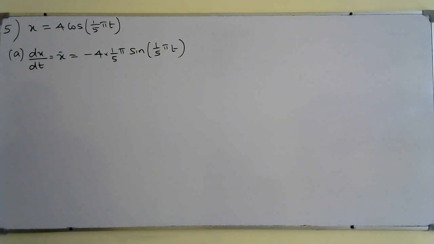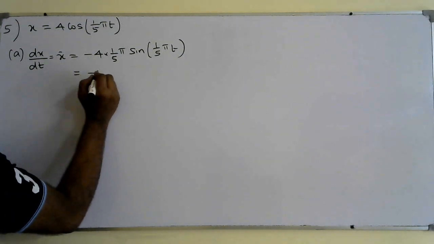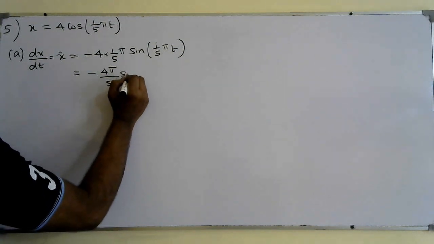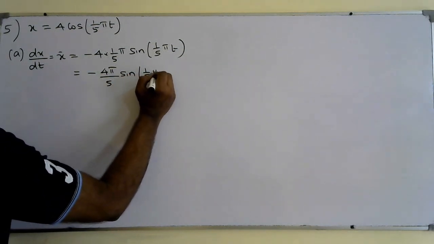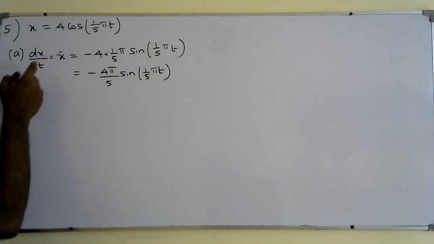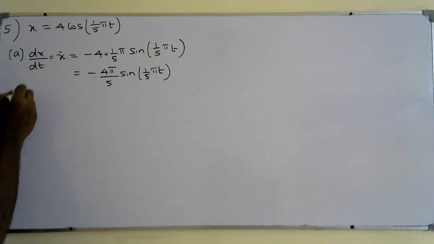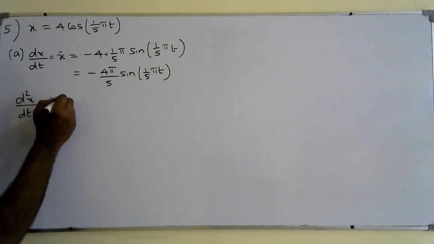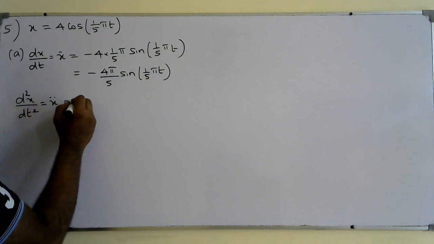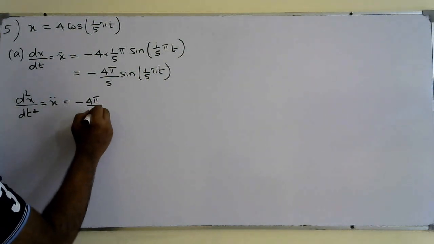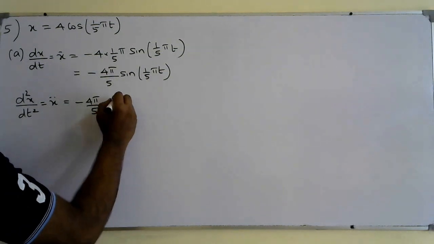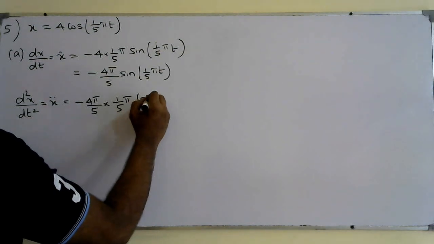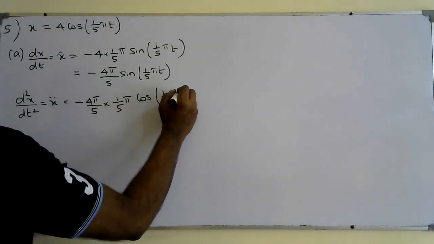So that will be minus 4 pi over 5 sine 1 over 5 pi t. Differentiate again, d2x over dt2, that is x double dot, the acceleration. It's going to be minus 4 pi by 5 into, differentiating this again, 1 over 5 pi cos 1 over 5 pi t.